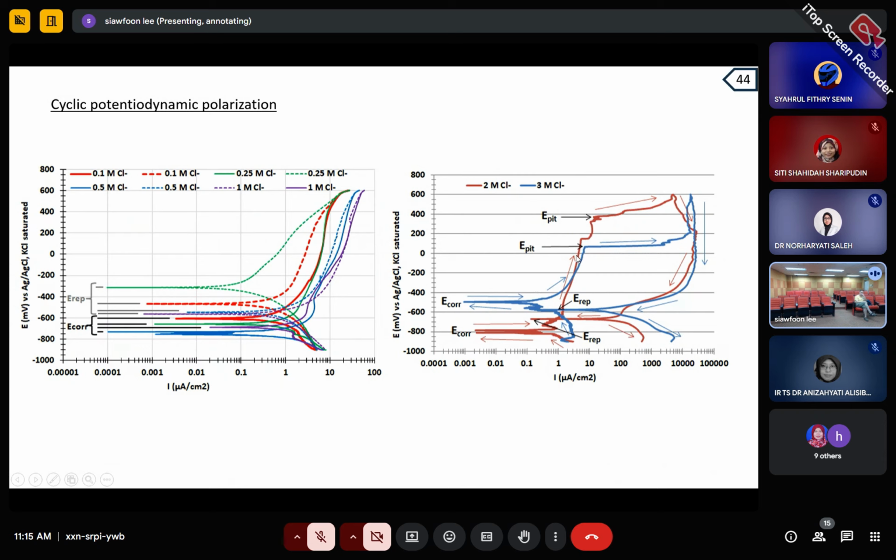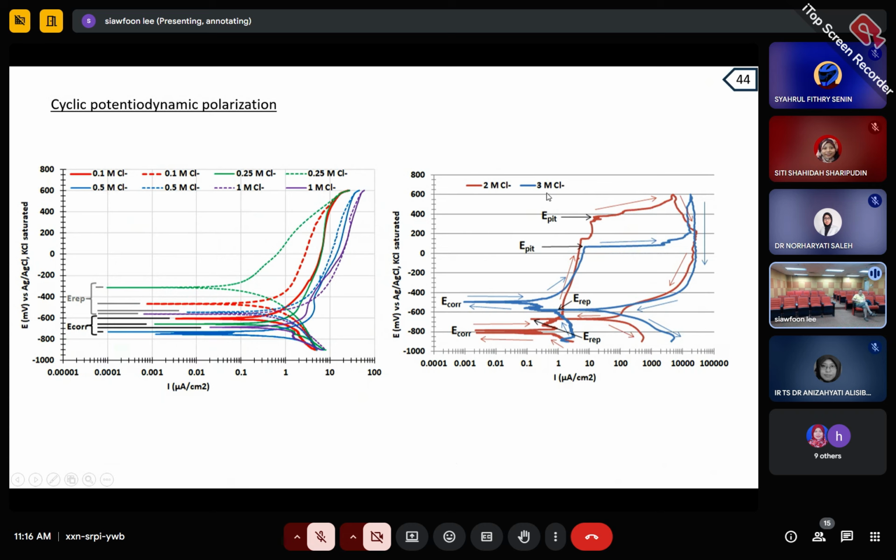Nothing happens. But suddenly, for this 2 molar chloride concentration, when you apply until 400, the corrosion current shoots out, which means here the steel gets corroded a lot. So when you return back, like you try to dump the corrosion potential, try to stop the corrosion, it goes to a very large curve here.